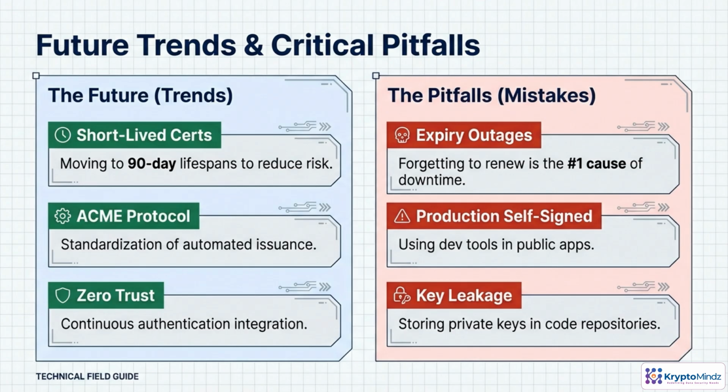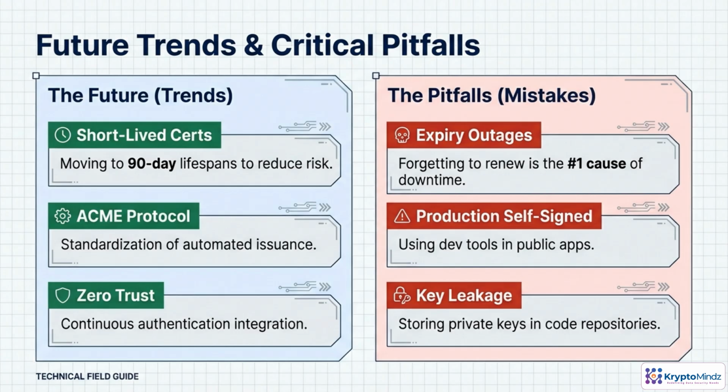Short lifetimes shrink the window of damage if a key is compromised, and they force you to design for automation instead of manual renewals. That's where ACME comes in. ACME is the standard protocol that lets services automatically request, prove control, and renew certificates with minimal human involvement. In modern cloud and DevOps environments, ACME-style automation is quickly becoming mandatory.